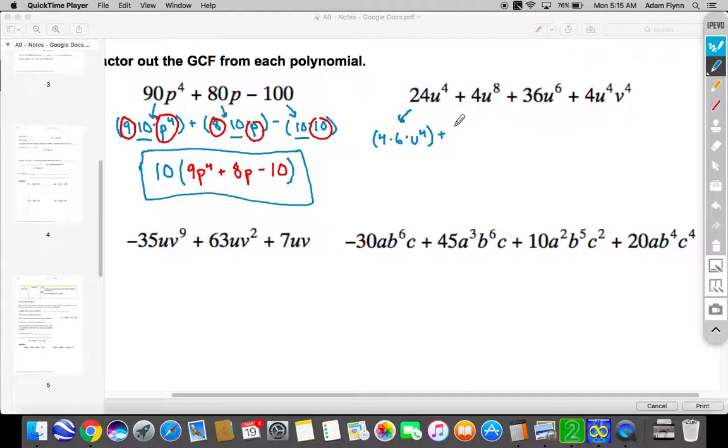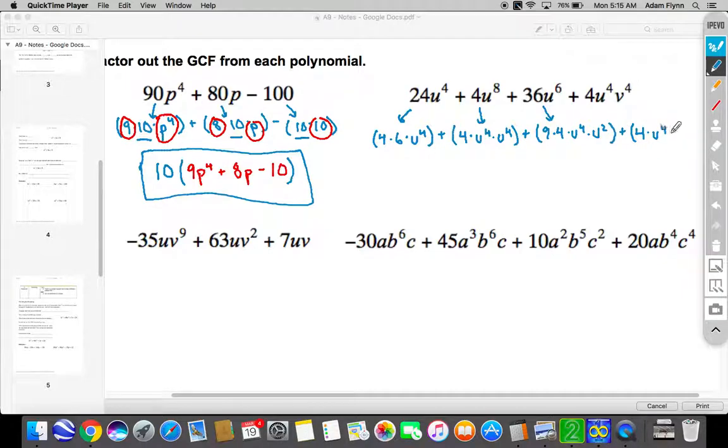My next term is 4 times, again, u to the fourth, times u to the fourth, plus 9 times 4 times u to the fourth times u squared, plus 4 times u to the fourth.